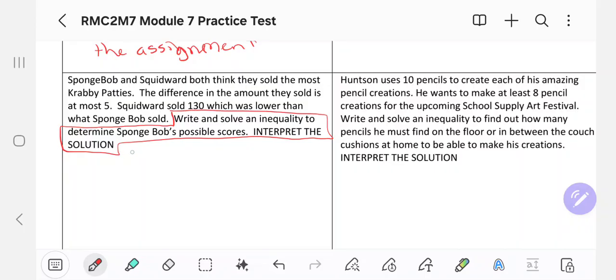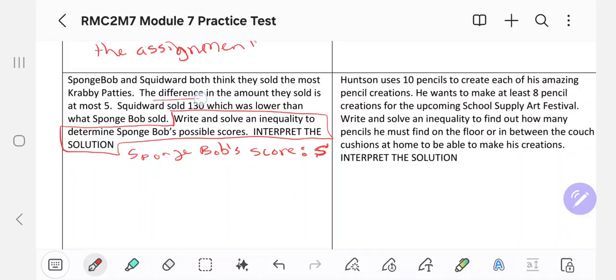Okay, so we'll call it SpongeBob's possible score. All right, so let's call that S for score. Okay, make sure you don't confuse it for a 5. All right, and let's go underlining what we have. They both thought they sold the most Krabby Patties.